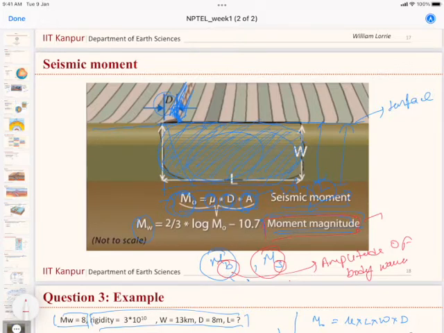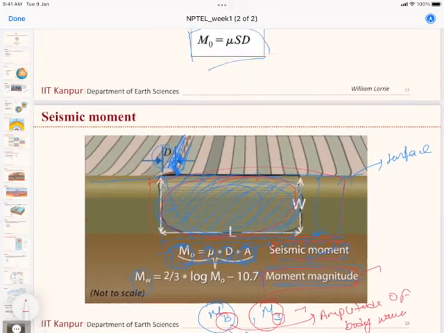Because here we are considering the actual disruption that has happened due to the earthquake. Rather than calculating the wave's amplitude, we are calculating what has happened due to that earthquake. If the magnitude is large, then the rupture area extent is also large.